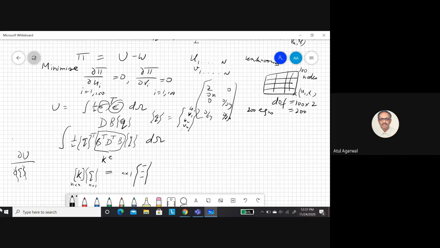What does the second mean? What does the third? Force at node 1, force at node 2, force at node 3. With respect to this, I want with respect to this. Look, this del U by del Q is coming as KQ. After multiplication it looks like this. So what is the first term of this vector? Second term, third term?